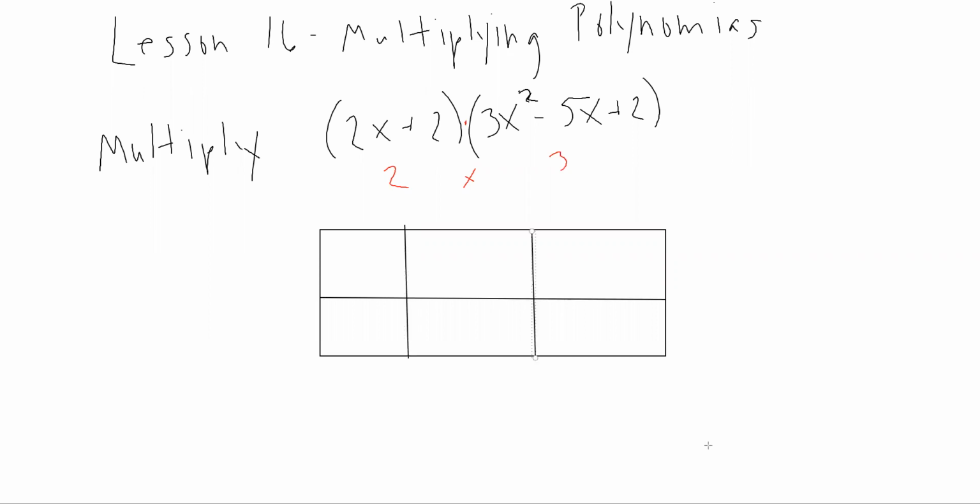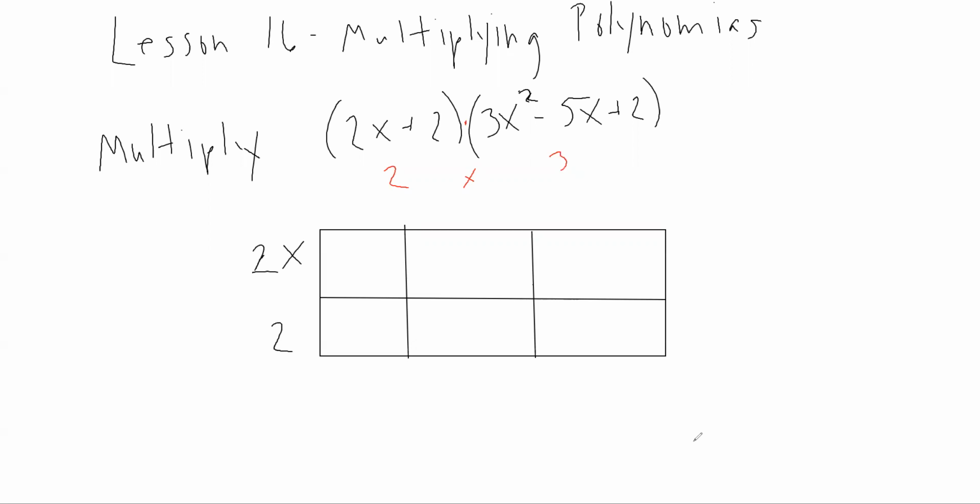Do we see here, I have 1, 2, so there's my 2 by 1, 2, 3. So there's my 2 by 3 box. And I'm going to write in my terms. I'm going to put 2x on the outside there, and I'm going to put my positive 2 here.